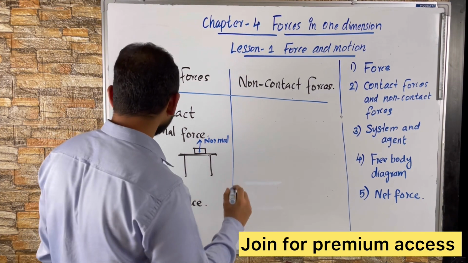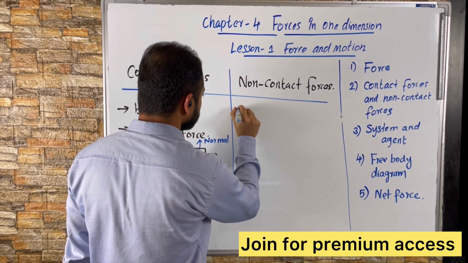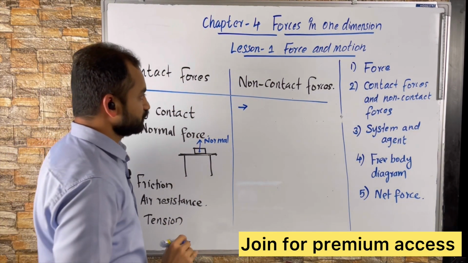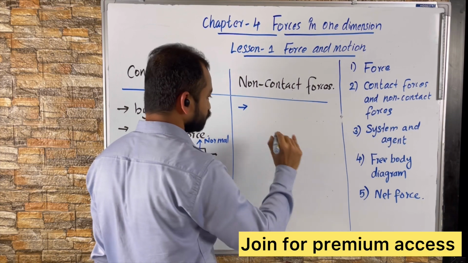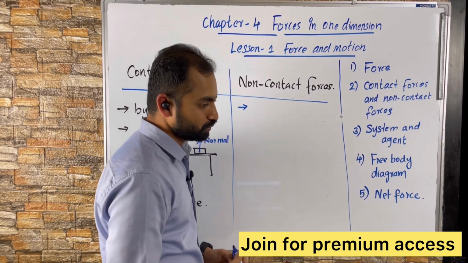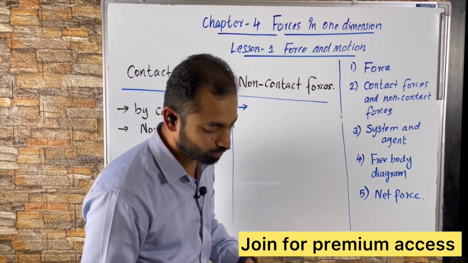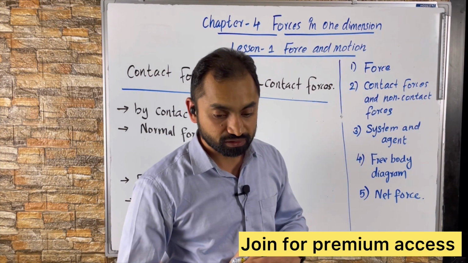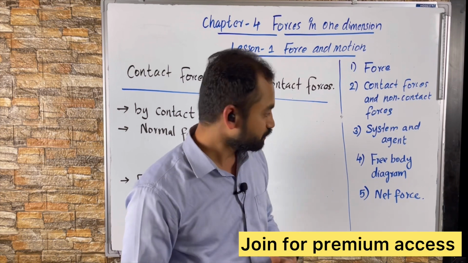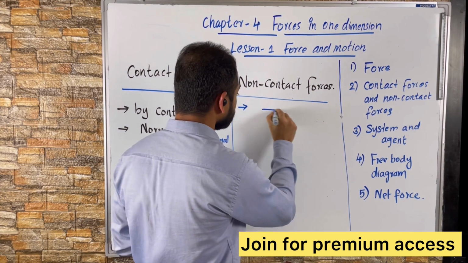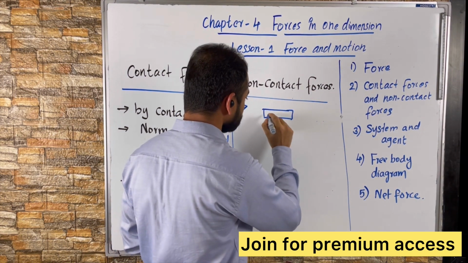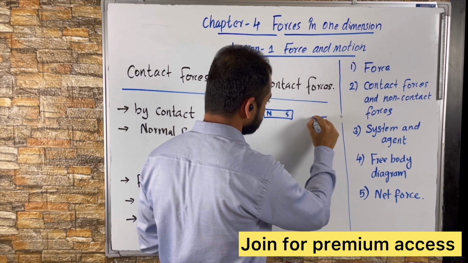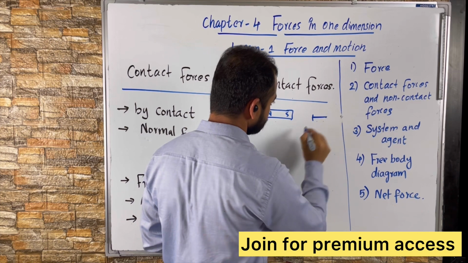Okay. Can you tell what is the meaning of a non-contact force? Yes, non-contact force, for the force to act, no need of contact between the objects, right? You said example magnetic force, right? Yes, here we have a magnet, a bar magnet. It has a north pole and a south pole, okay, and here there is a nail.